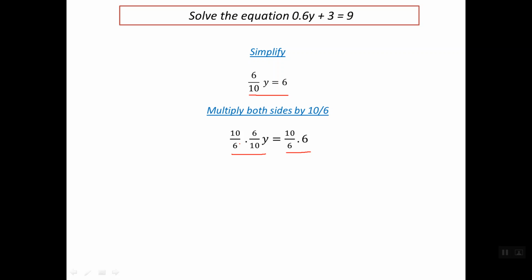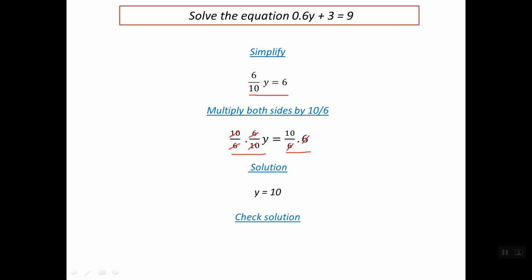For the left side, this 6 will cancel with this 6, and this 10 will cancel with this 10, and the remaining is 1y. For the right side, this 6 will cancel with this 6, and the remaining is 10. So the solution for this equation is simply y equals 10.